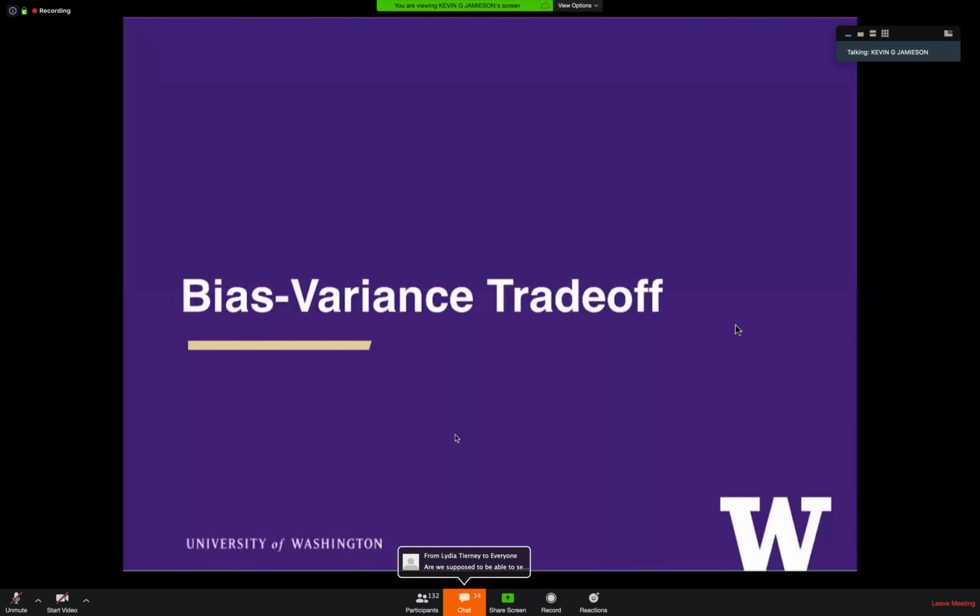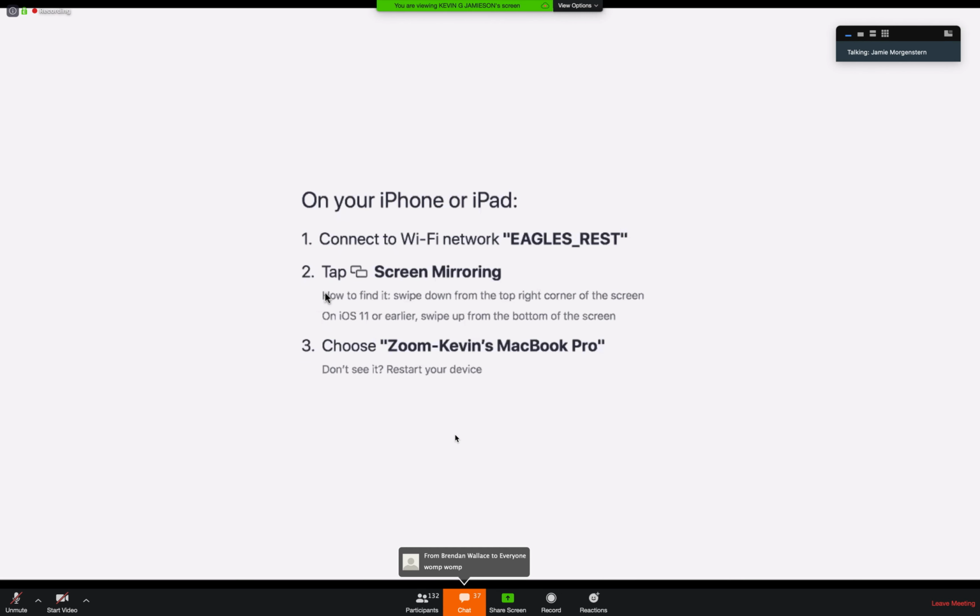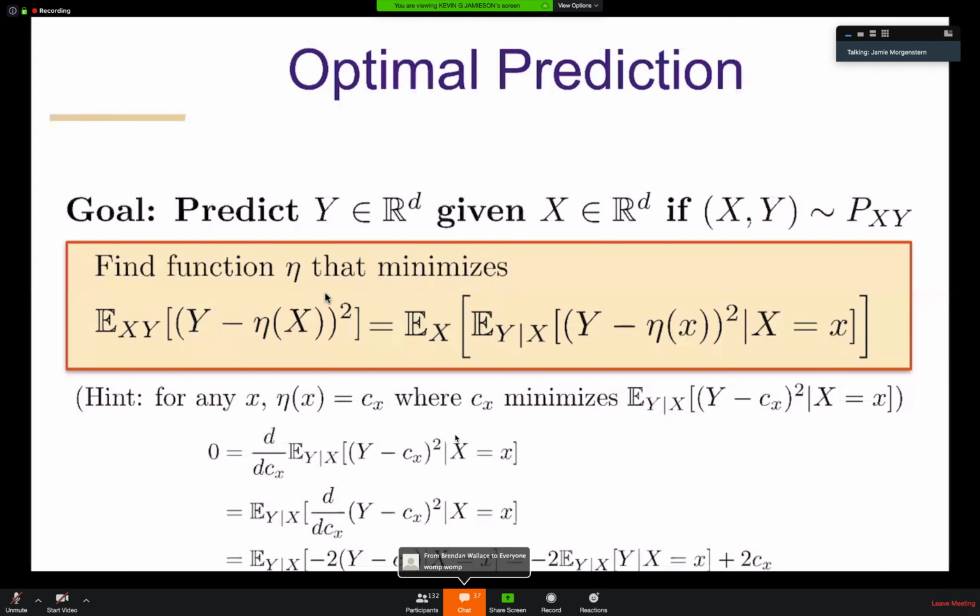And so if we go through this, we find that this best estimator of y given x. Hey, Kevin, whatever you're doing to share your slides isn't working. Apparently, we're all going to be having some technical difficulties today. Sorry about that. I guess we both tried something different and it didn't work in either case. Maybe we tried the same thing. We tried screen mirroring. Okay, now we can at least see the slide.